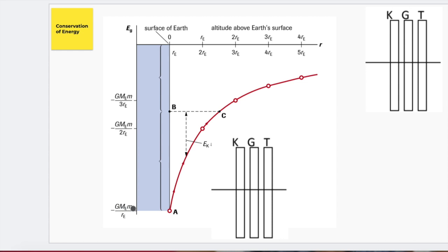If I know the mass of my object, the mass of the Earth, the radius of the Earth, and g, then I can just plug and chug, and I get a number. But since all of these quantities are positive, and I have a negative out front, my gravitational potential energy will of course be negative. So I'm over here. My gravitational potential energy is negative.